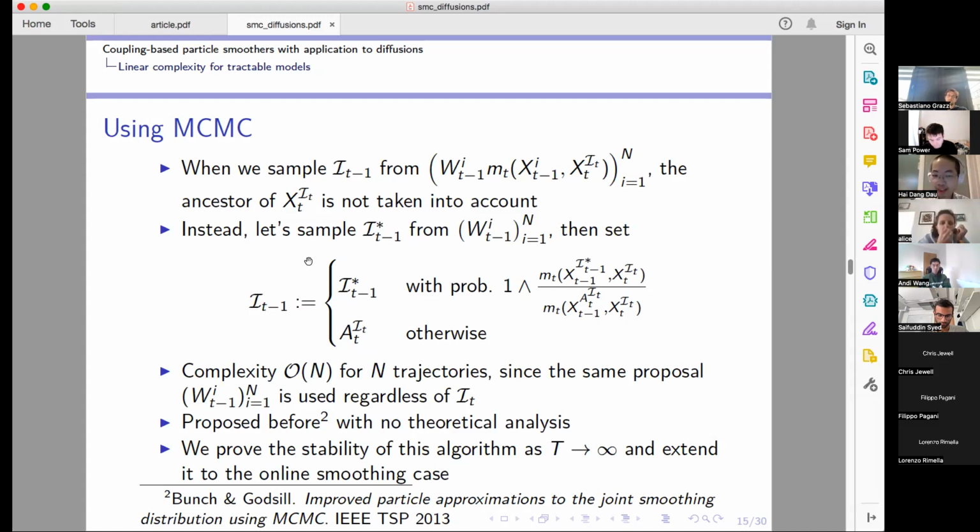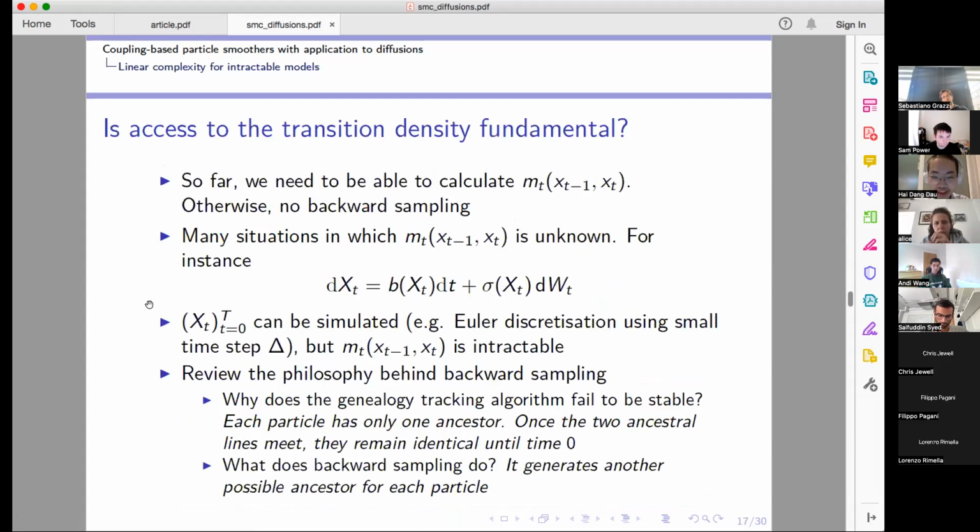You can set I_{t-1} to be either the ancestor of H_t^{I_t} or another proposal from the weight distribution at time t-1, and you accept or reject it with the Metropolis-Hastings ratio. You can prove that this leads to an algorithm that is stable as t tends to infinity, and you can also extend it to the online smoothing case.